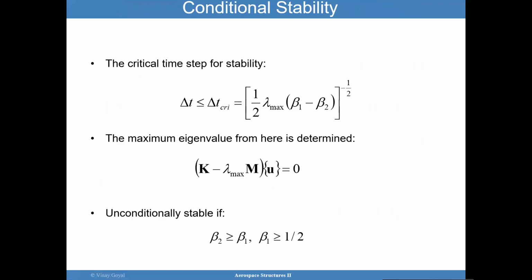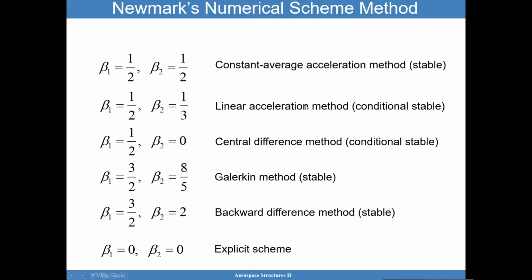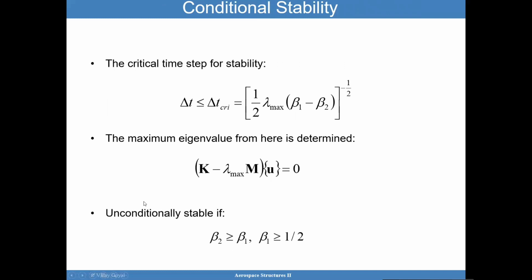And you do have stability, so you have conditional stability where the solution will be conditionally stable if the beta 1 and beta 2 you select are such that, when you plug them in here and the maximum eigenvalue from your stiffness and mass matrix is plugged in here, you calculate this critical time step.